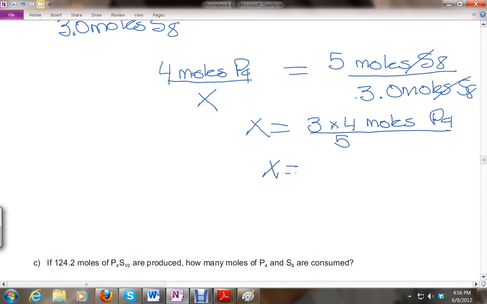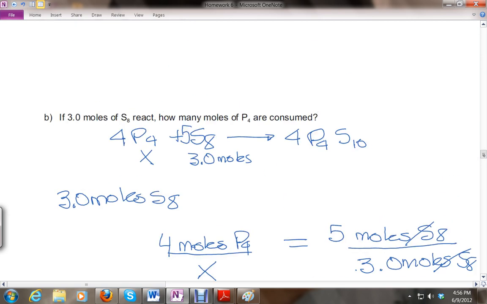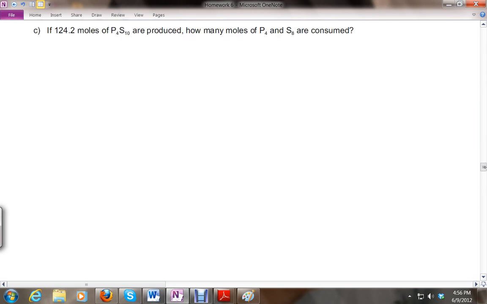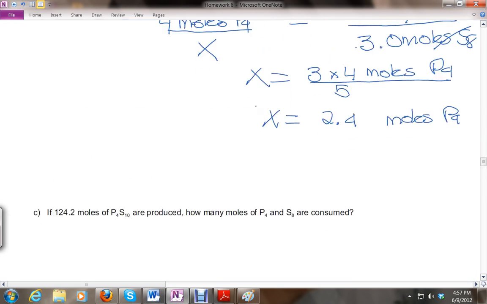So this gives you 2.4 moles of P4, of phosphorus. How many sig figs are they giving us in the problem? They're giving 2 sig figs, so it's already with the 2 sig figs, 2.4. Let's do the next one.